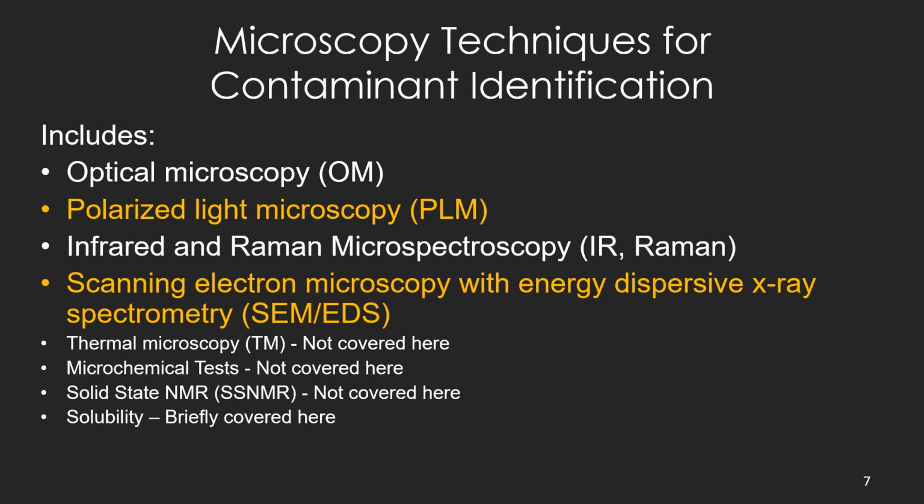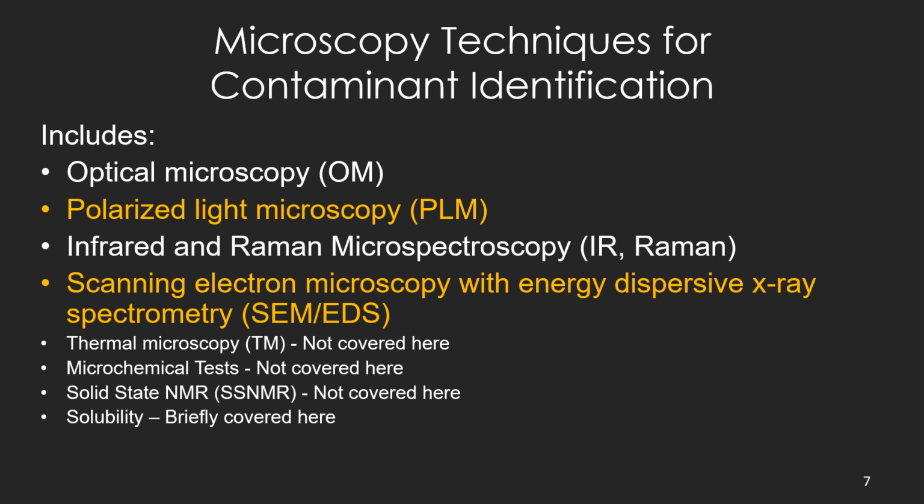What do we use with regard to microscopy for this? Optical microscopy, polarized light microscopy, vibrational microspectroscopy, infrared and Raman, scanning electron microscopy with energy dispersive X-ray spectrometry. All of these are the tools that I use on a regular basis, and I don't generally need too many other tools.